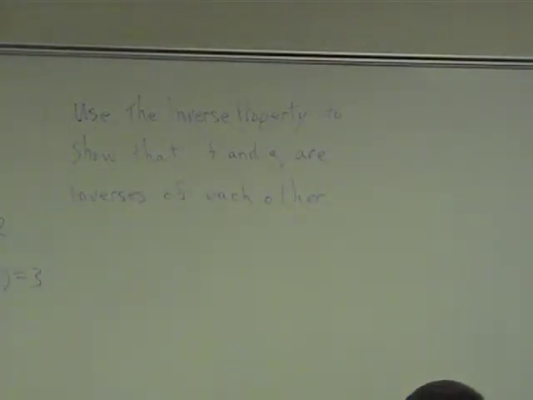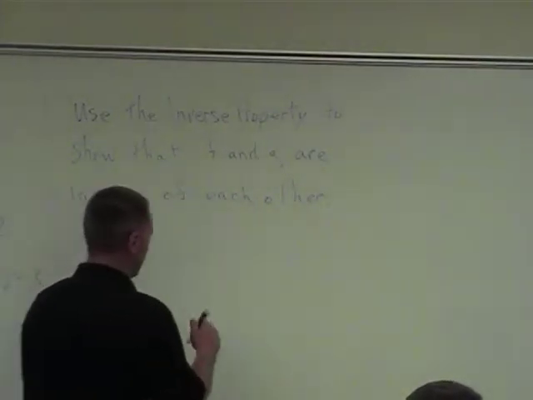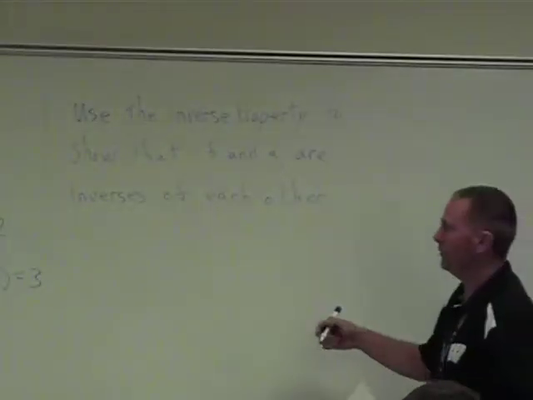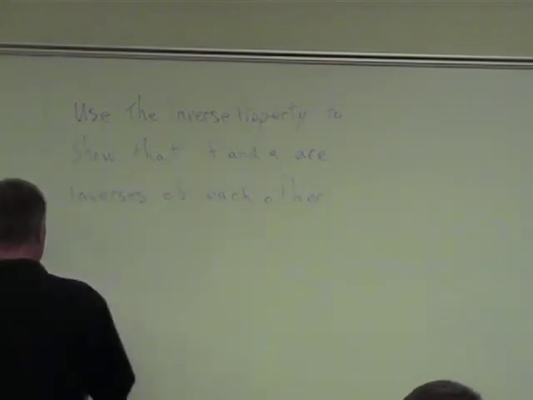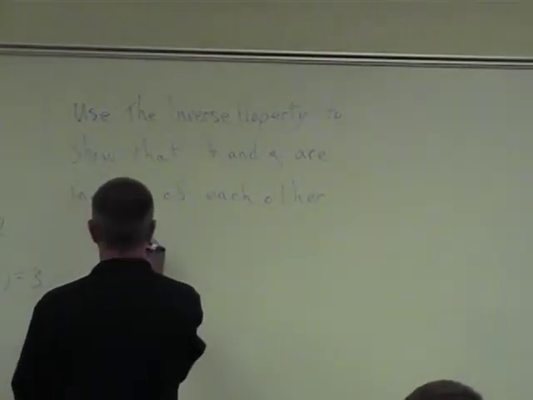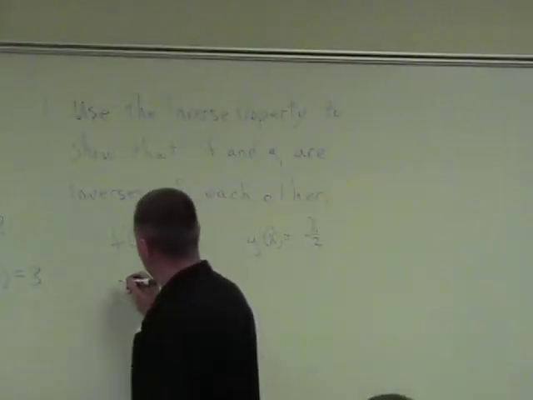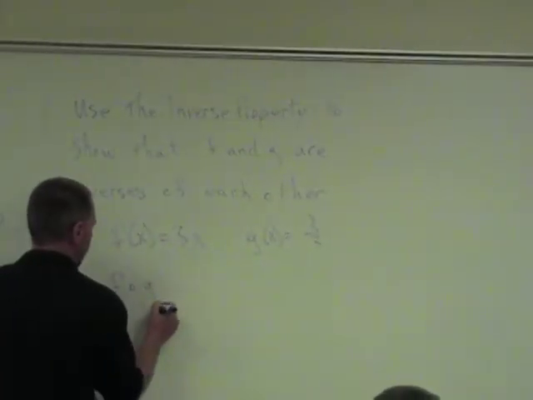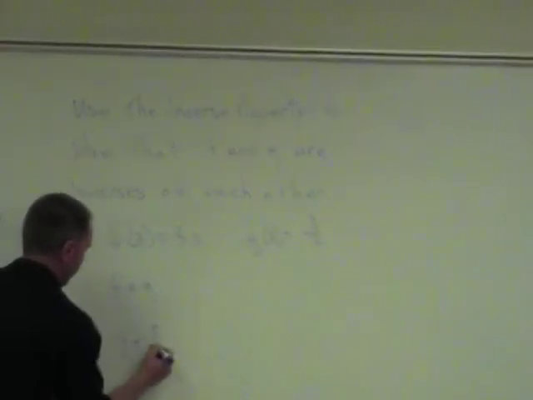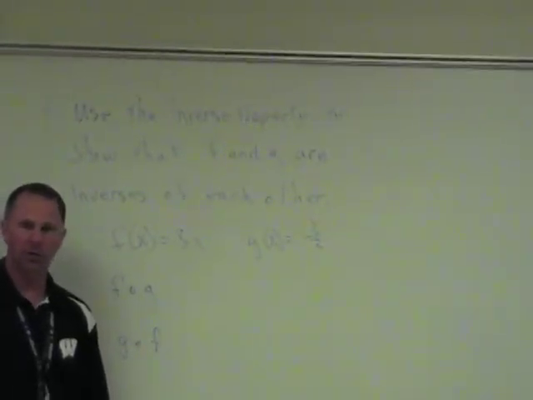Okay, so how do you show that two functions are inverses of each other? Well, you're going to substitute one function into another function. So let's say f of x is 3x and g of x is x over 3. To show that two functions are inverses of each other, you need to find f of g and g of f. Everybody do both of those.